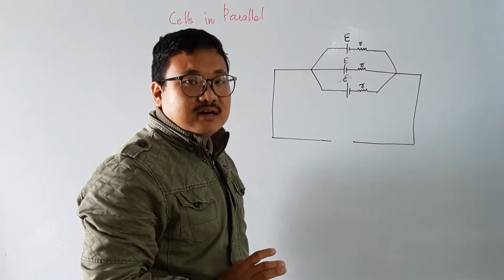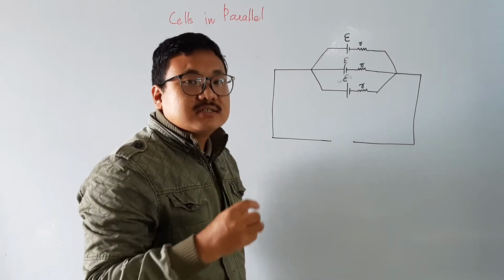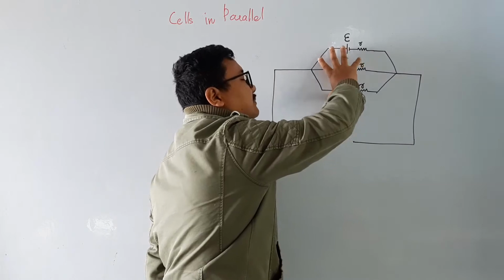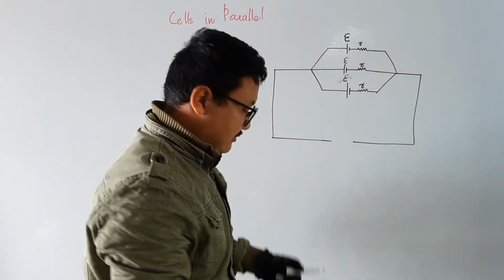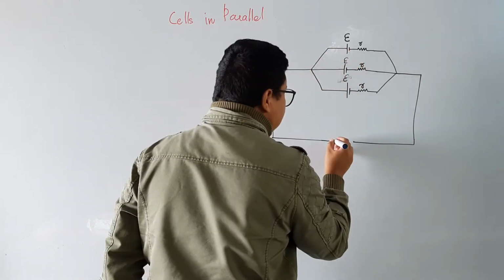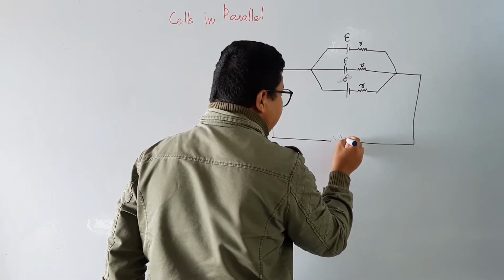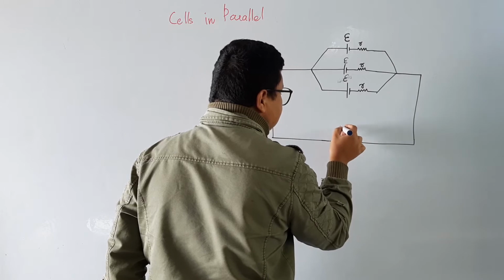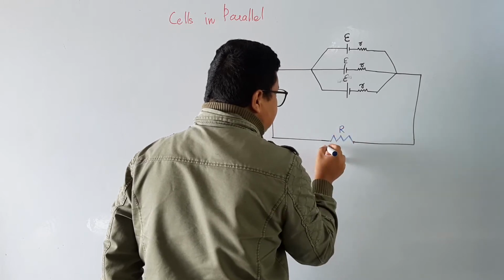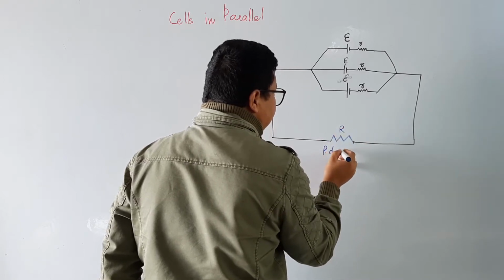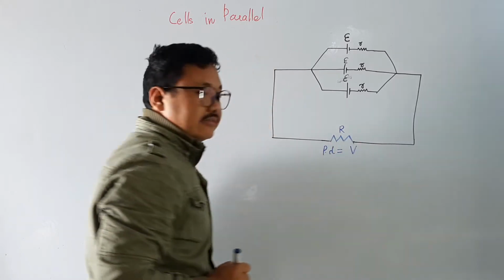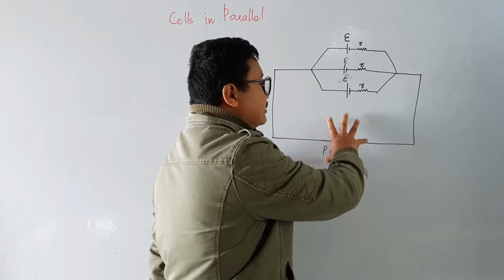So let us now consider the external resistance which is connected to this combination of cells. So this is my external resistance, say capital R, across which there is a potential difference, say V. So this could be anything.